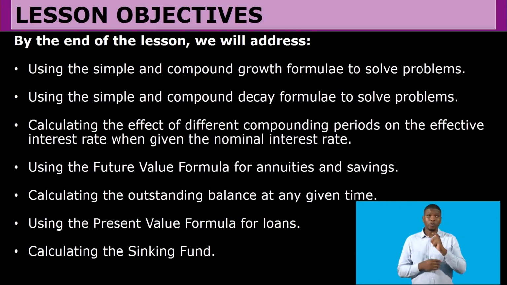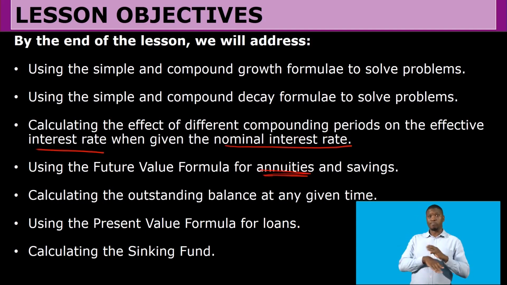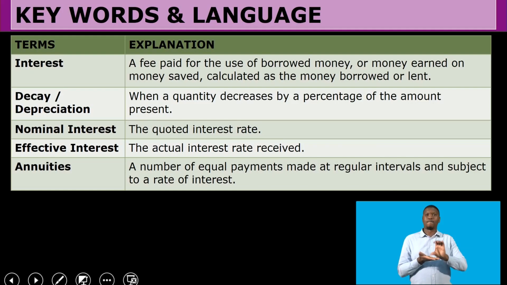Using the simple and compound growth formula to solve problems, using the simple and compound decay formula to solve problems, calculating the effect of different compounding periods on the effective interest when given the nominal interest, and using the future value formula for annuities and savings, and calculating the outstanding balance at any given time, using the present value formula for loans, and calculating the sinking funds. So those are the things that we are going to address in this lesson.